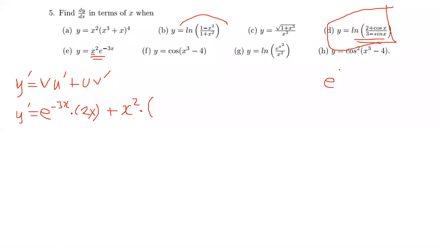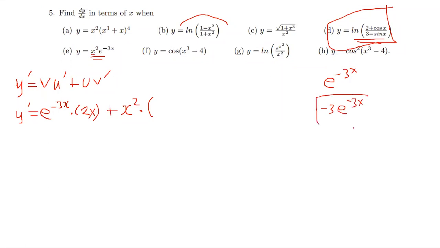Remember what we said: when you have e to the power of any function, to find the derivative you just differentiate the power there. When you differentiate the power there, you get negative 3, and then you repeat the same e to the power negative 3x.